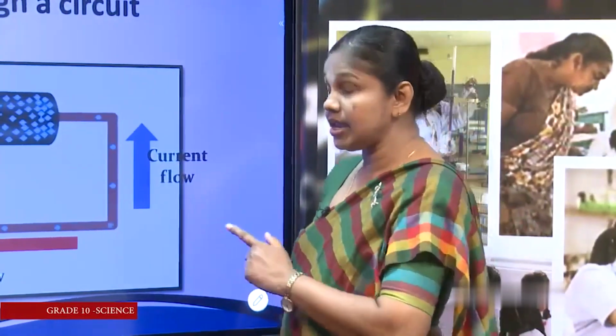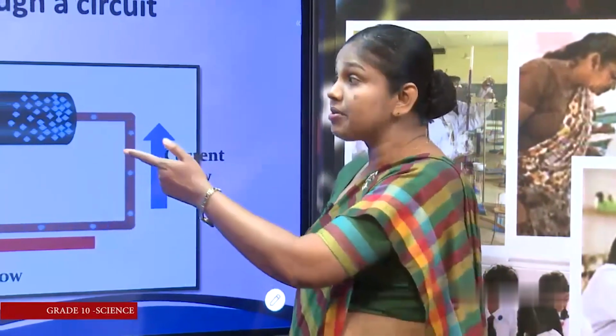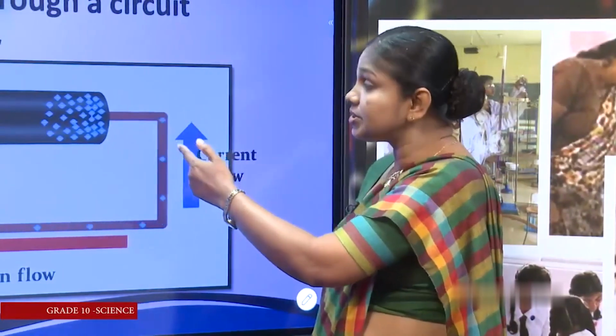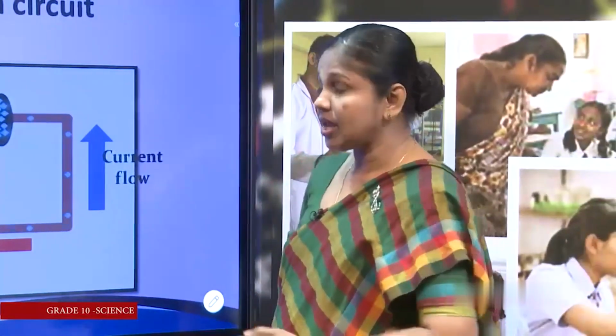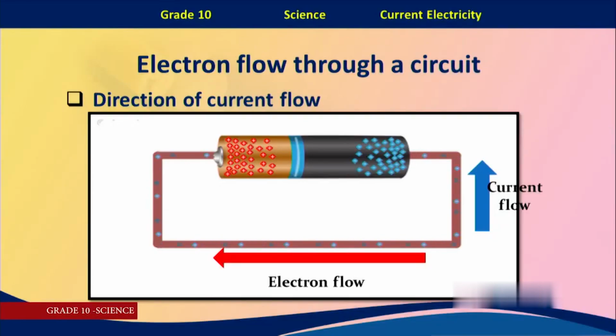Because of this high electron pressure, electrons are released to the external conductor at a high pressure. This creates electron flow through the conductor from the negative terminal to the positive terminal.